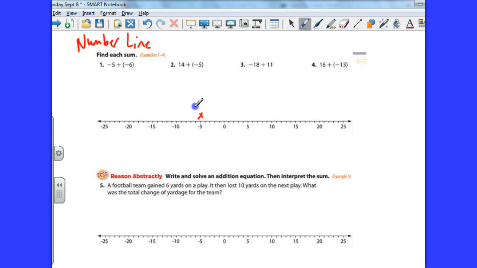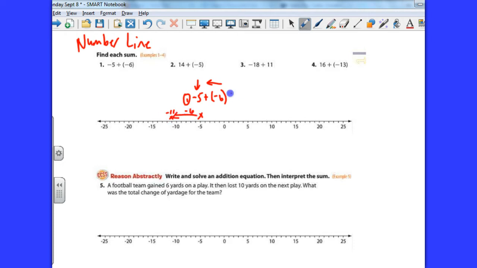Hopefully you saw my mistake and didn't do that. -5 plus -6. So I start at -5, and it means add -6, so we're going to go to the left 6 spaces, right? 1, 2, 3, 4, 5, 6, and we end up right there at -11. We went to the left 6.